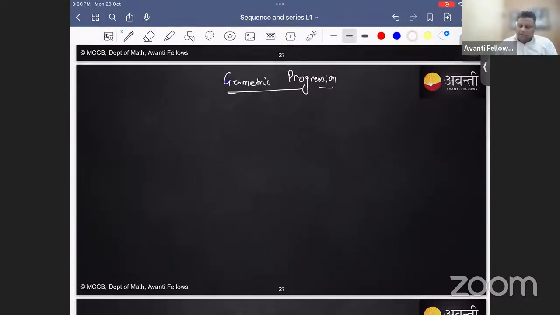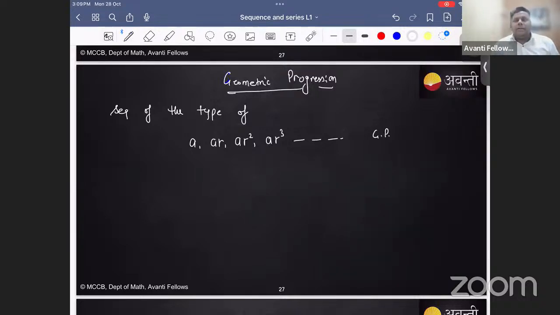All right. So a sequence of the type A, AR, AR square, AR cube, and so on is what we call a GP, geometric progression. Why so? Because every term divided by the previous term, their ratio is constant and is not changing.